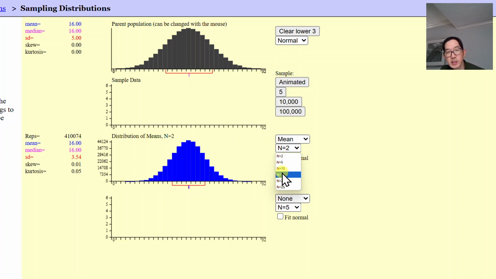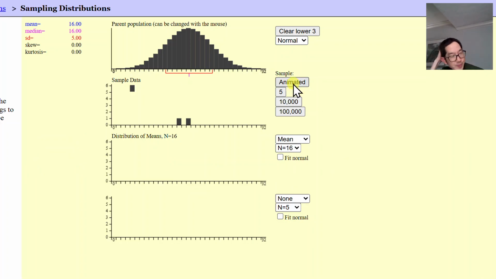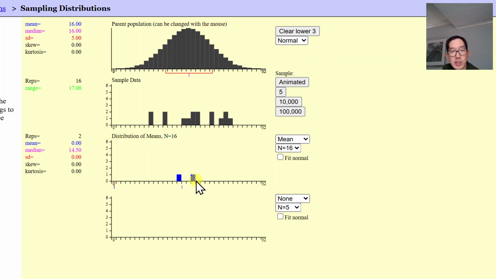But when you take, say, samples of size 16, even if you get one individual that's really low or one individual really high, when you average all of them, most of the other 14 or 15 values are going to be kind of in the middle, and so the average of all of them ends up in the middle. So yes, in a sample of 16, you might get an individual who's really high or really low, but when you average them all together, the average ends up close to the middle.